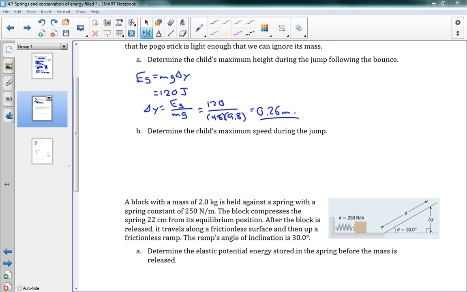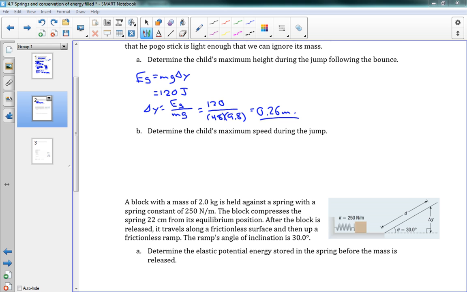So if you think about this situation, the pogo stick is accelerating the person up or down. As the child goes down on the pogo stick, it's slowing them down, and then it pushes them back up, and the point at which they're going to have the maximum speed is at the pogo stick's equilibrium point.